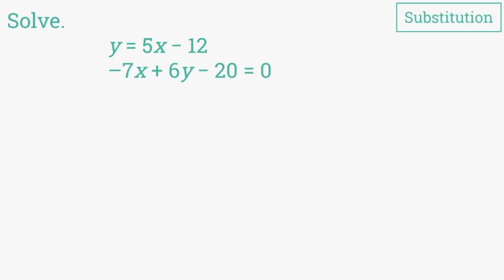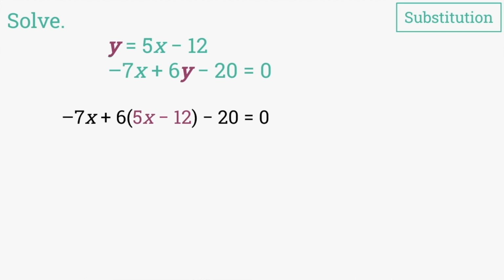We can just take the expression that's equal to y in the first equation, 5x minus 12, and substitute it for y in the second equation. We get negative 7x plus 6 times (5x minus 12) minus 20 equals 0. Let's solve this equation to find the value of x, the x-coordinate of our solution.